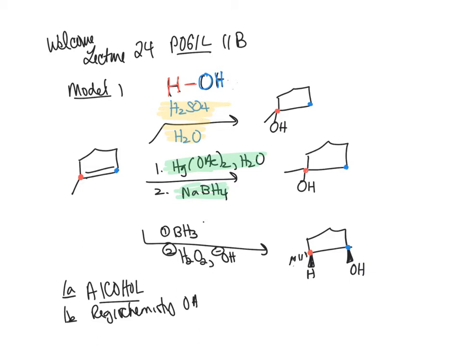Okay, question number 2. For each reaction, determine if the hydrogen adds to the least or the most substituted carbon of the alkene. Label each product as Markovnikov or anti-Markovnikov. Okay, so this means that the hydrogen added here, if the OH added here. So if the hydrogen added to this carbon, it's disubstituted, and this carbon is trisubstituted.